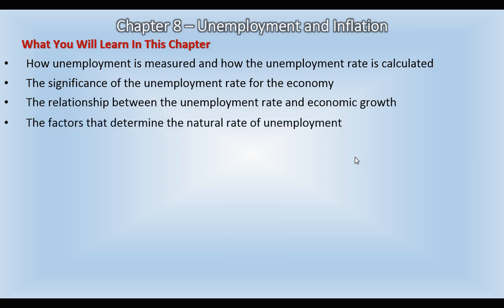We'll talk about the factors that determine the natural rate of unemployment, some natural amount of unemployment that is just a characteristic of an economy, because people are sometimes between jobs, or maybe you might have different sectors that are acting weird relative to the rest of the economy. Like, when we transitioned into the digital age, the physical film industry, that was dominated by firms like Kodak and firms of that sort, they basically were wiped out of existence.